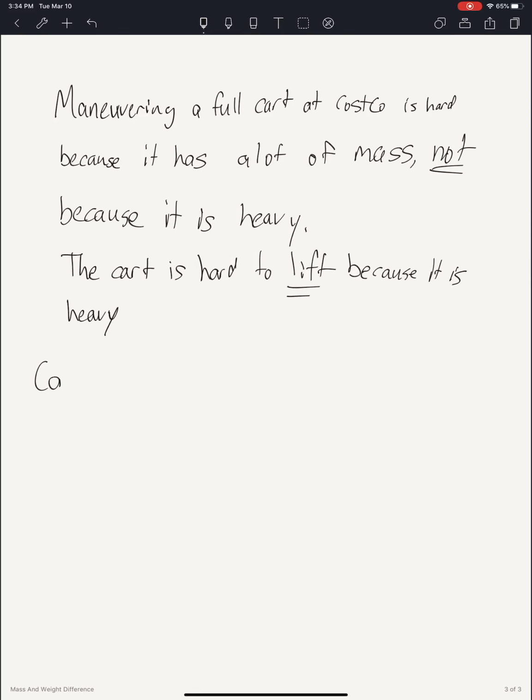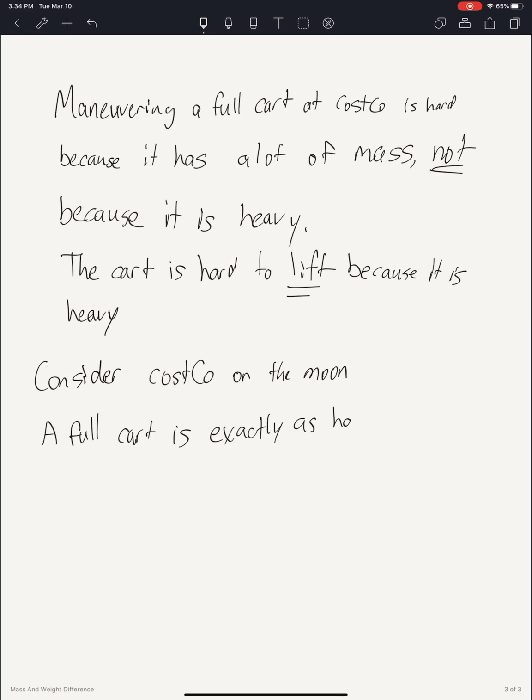Consider Costco on the moon. If we all take a trip to Moon Costco to buy our groceries for some terrible moon epidemic, if we go to the grocery store on the moon and we fill our cart, a full cart is exactly, well, I'll say exactly, as hard to maneuver.